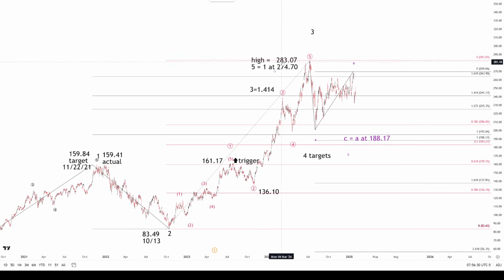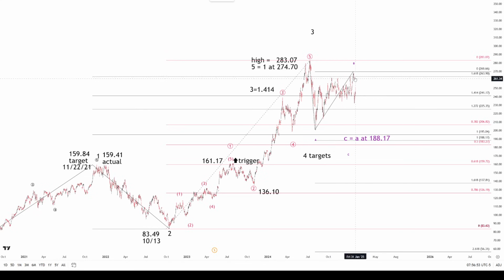That should be wave 3. That high is 283.07. We had 5 equals 1 within the larger degree wave 3 at 274.70. We have an A down here, a B up here, C equals A at 188.17. Where is this wrong? If it moves above this 283.07 high.